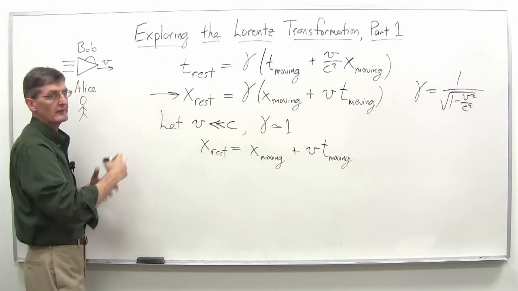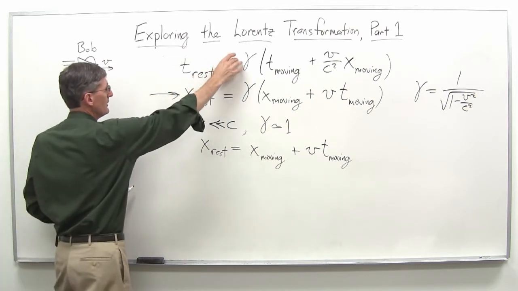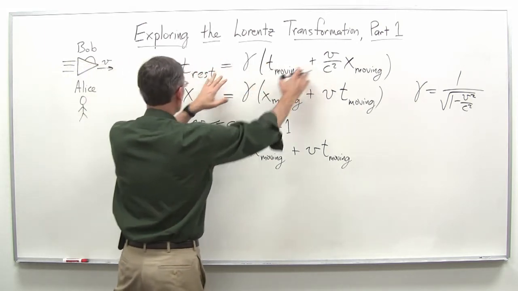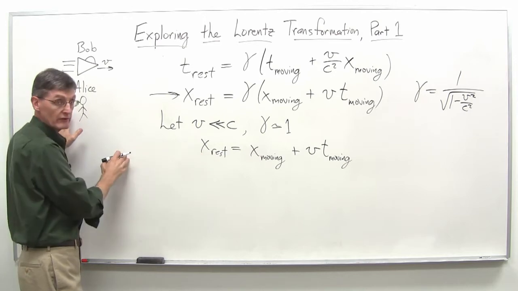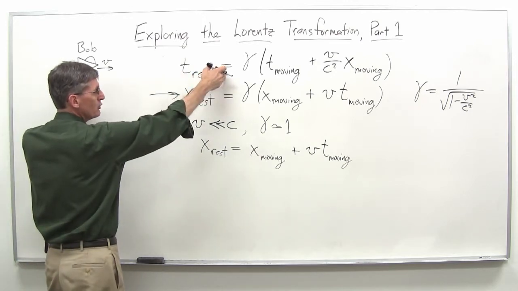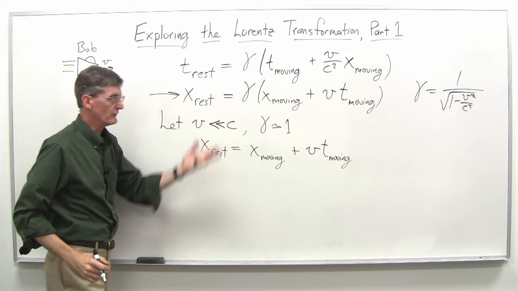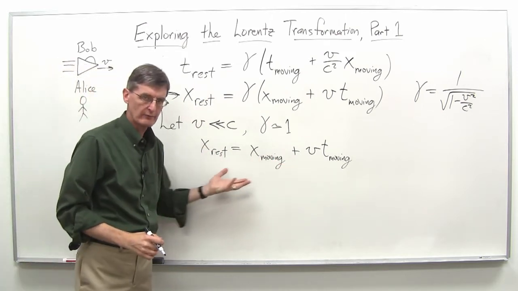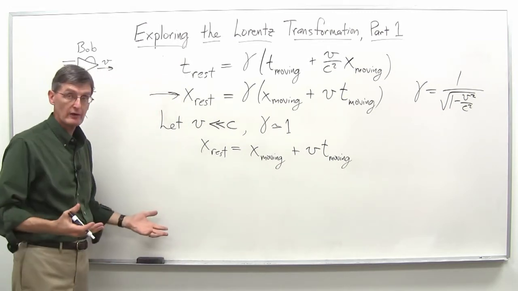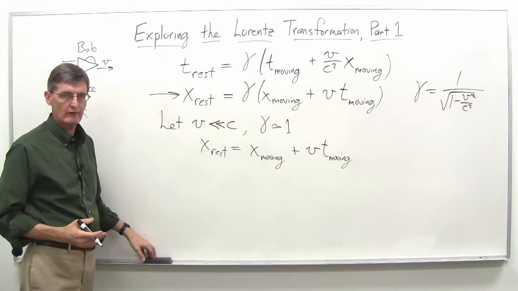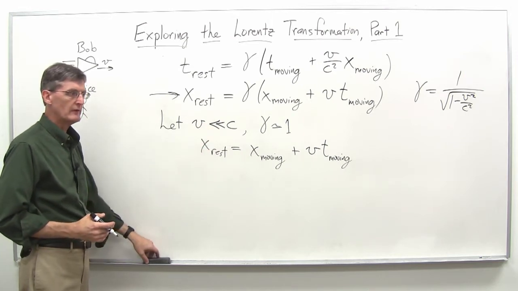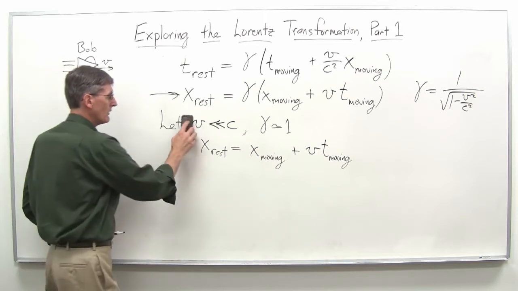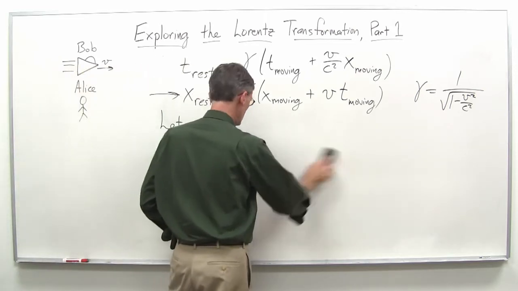And so if he measures something, again, say at 23 out here on his lattice of clocks, his measuring system, but he's also moved a certain amount, then the distance to Alice, the x in the rest frame, is the amount Bob has moved plus the amount he measures out to 0.23 on his measuring system. So that's a basic Galilean transformation there. That checks as well, because we know that works in our everyday experience when velocities are much less than the speed of light. Okay, so now though, what happens when we have velocity being large?